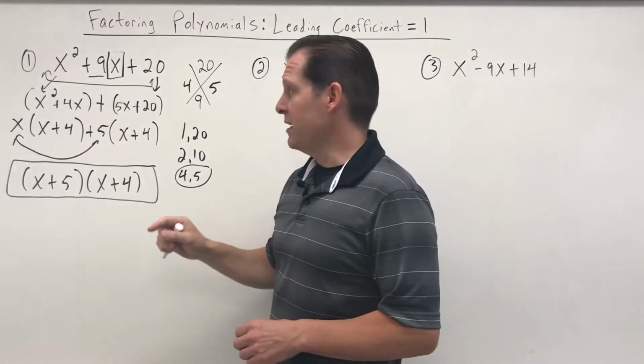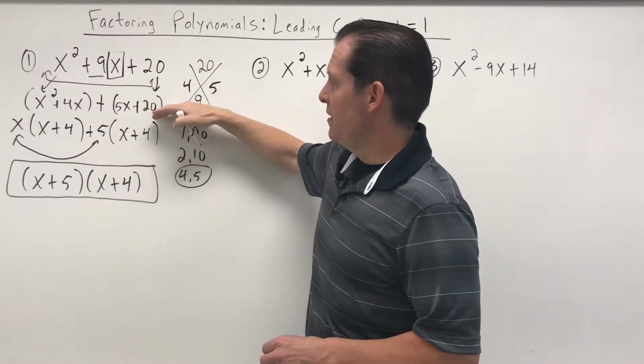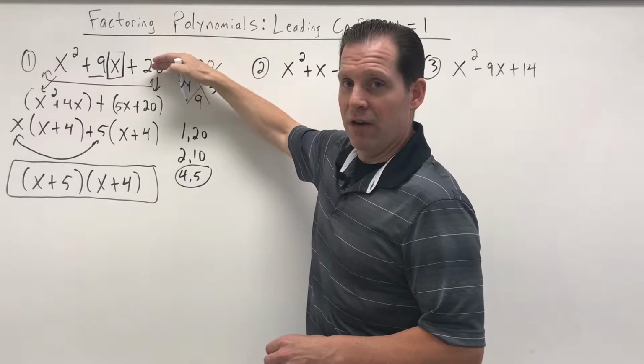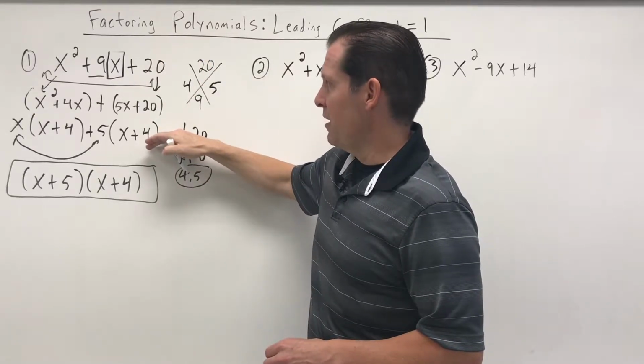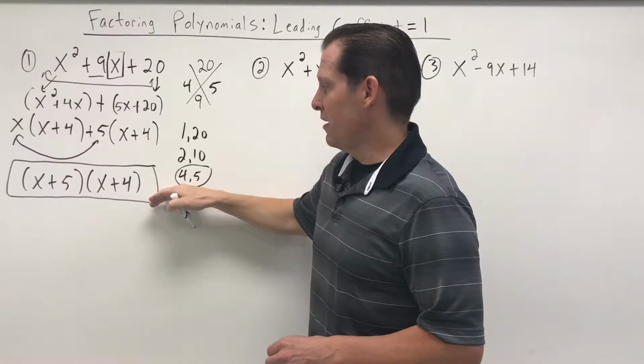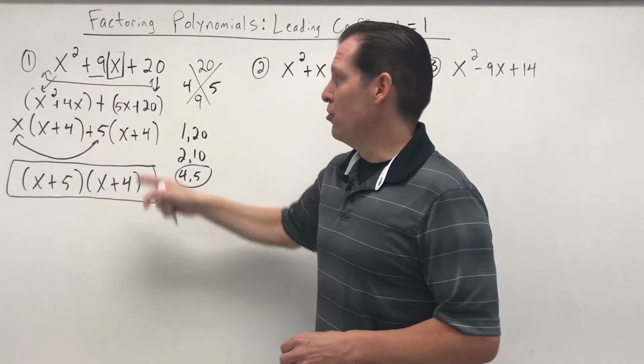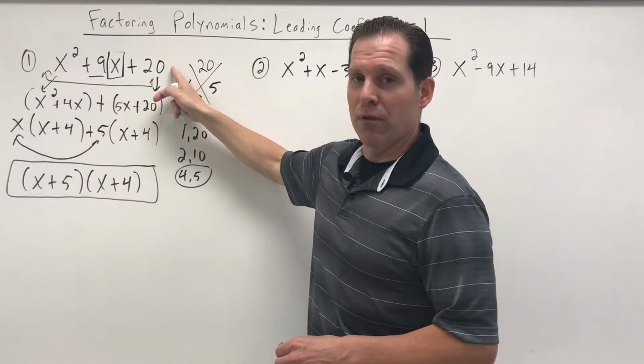Also, what I want you to recognize, if you look at these expressions here, they're all equal. If I take this and simplify it, I'm going to get this right here. And your final factored problem right here, if you multiply this out, you're going to get your original polynomial.